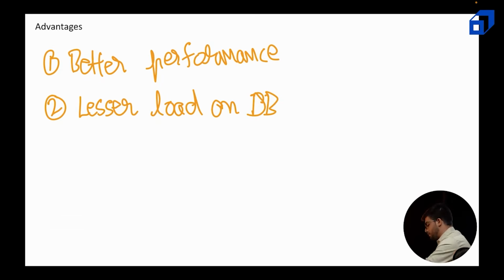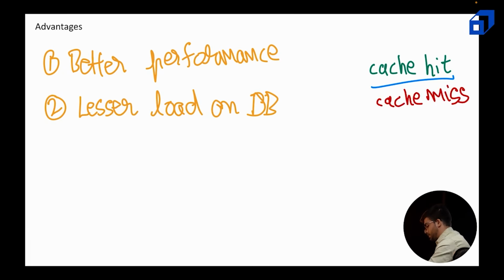Now if you remember, I talked about cache miss and cache hit, right? We would naturally want this ratio to be much higher. We want our cache hits to be much more than cache misses, and we want to prepare algorithms in such a way that it is as optimal and as high as possible.